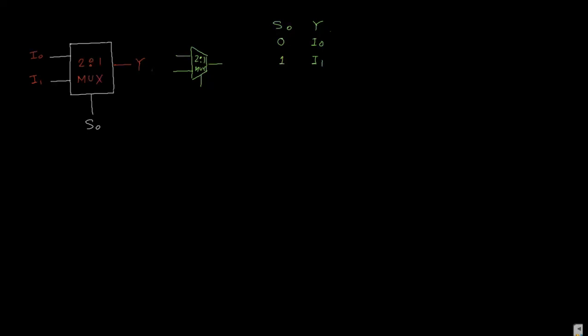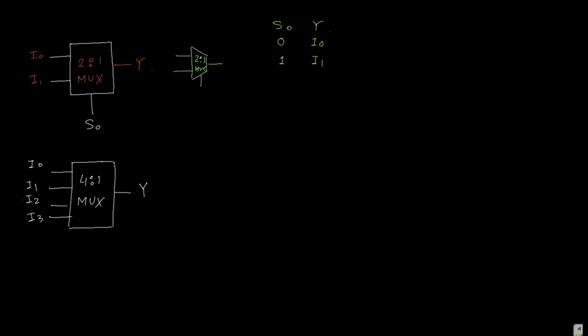For that we want to take one 4:1 multiplexer. This is your 4:1 MUX. Then the output is obviously one, Y. The input lines are 4: I0, I1, I2 and I3.